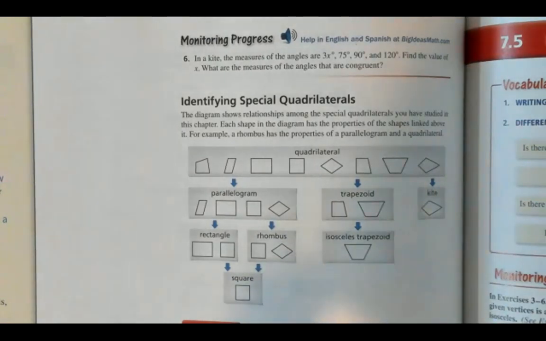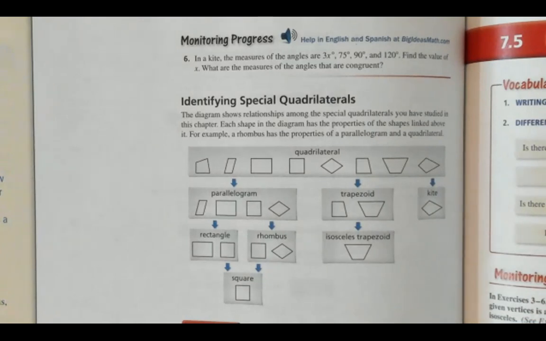How would you solve that? Ideas? This is what you do. Add up everything, set up your equation, making it equal to 360. So you have 3x plus 75 plus 90 plus 120 equals 360.